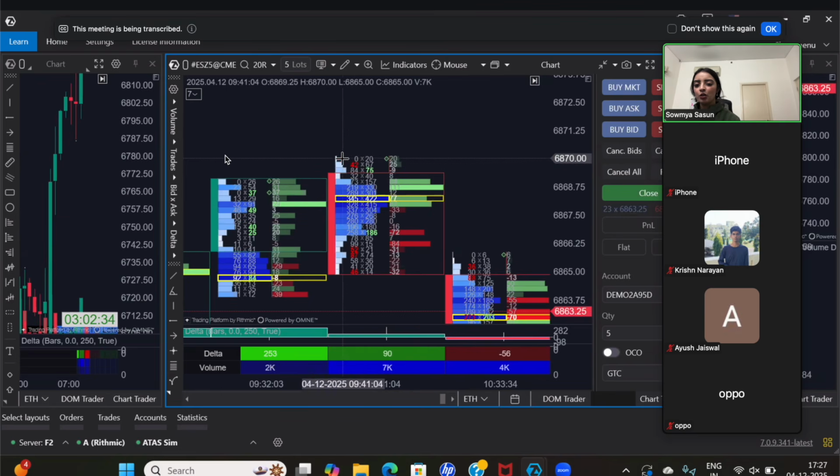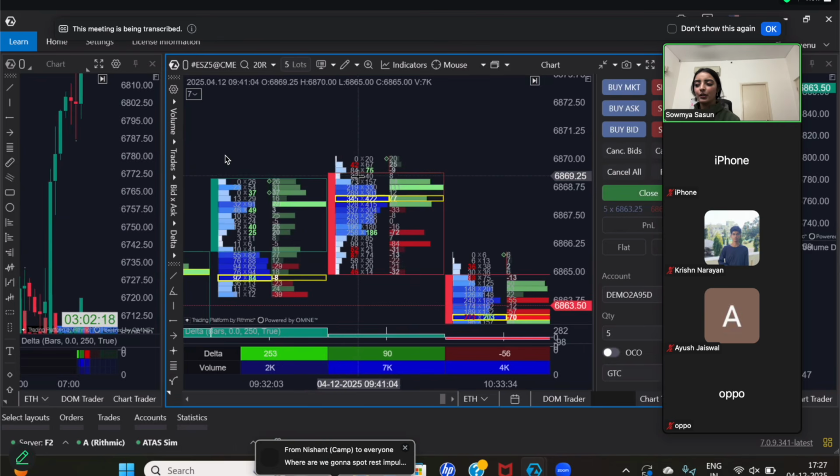Here, the blue volume bars are very small compared to these big bars. That means the volume was not very much over here as compared to this. Here we have less volume, here we have more volume. So you got that?